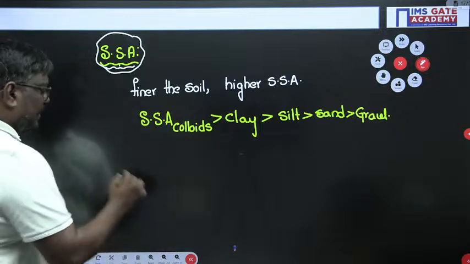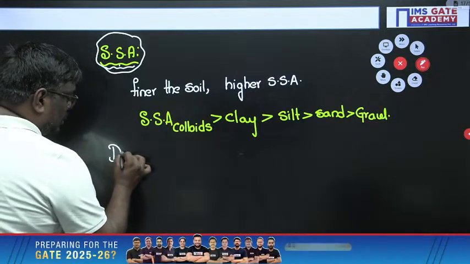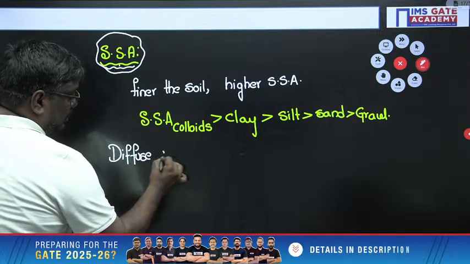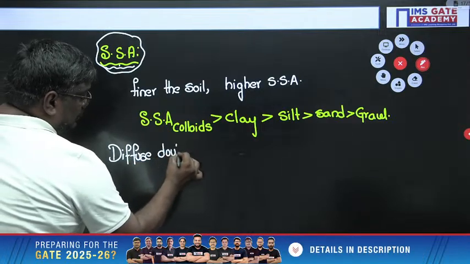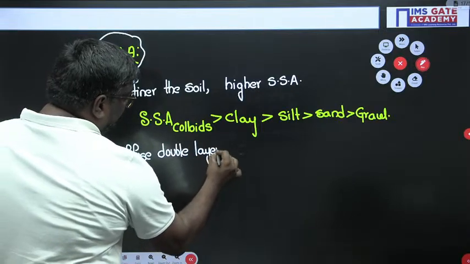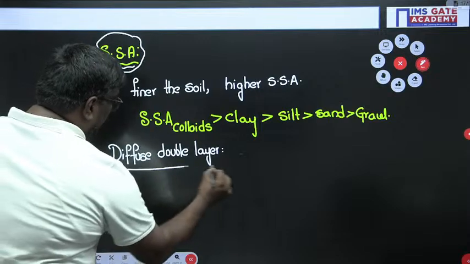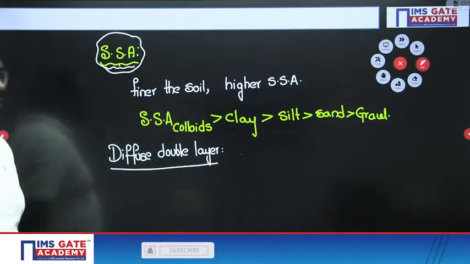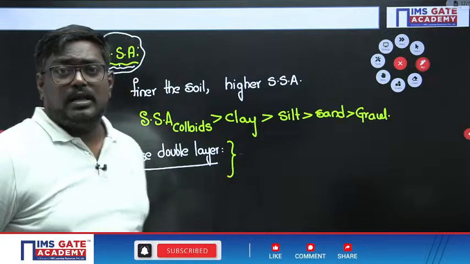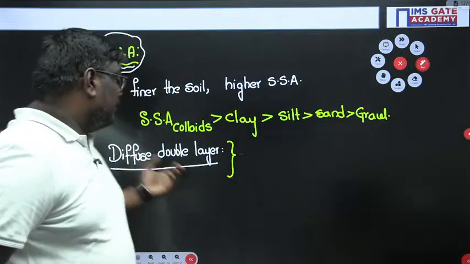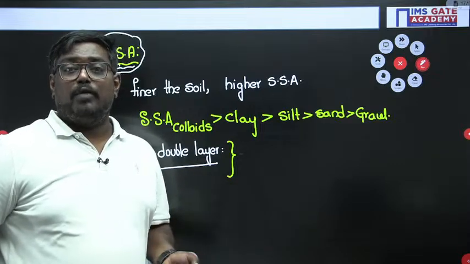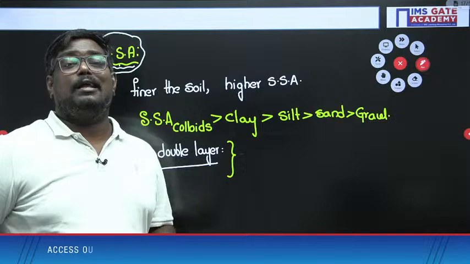Now similarly, my dear students, they can ask you about the diffuse double layer. What do you mean by diffuse double layer? The diffuse double layer is nothing but the layer on the clay surface up to the limit of attraction due to the electrical forces.